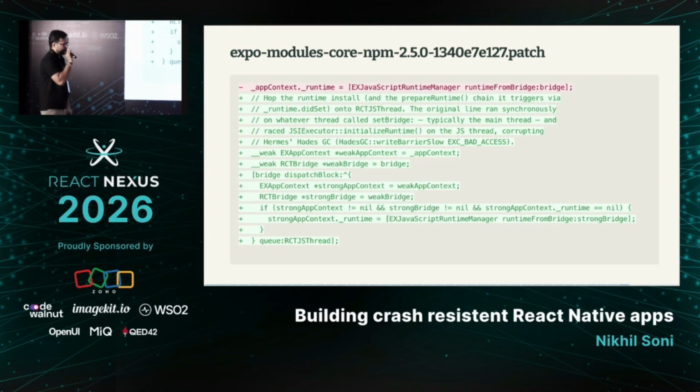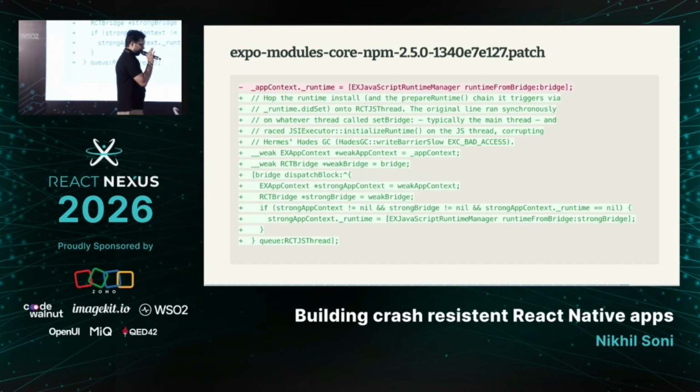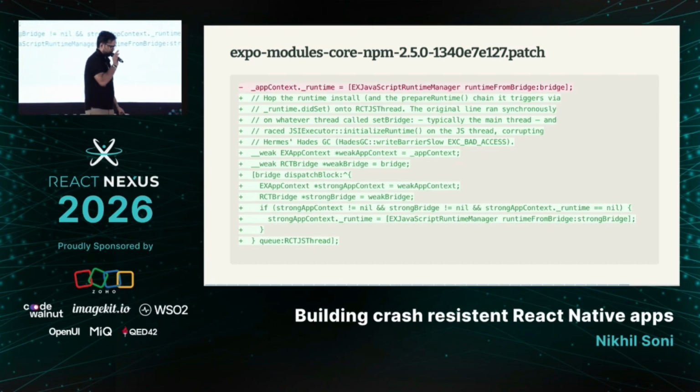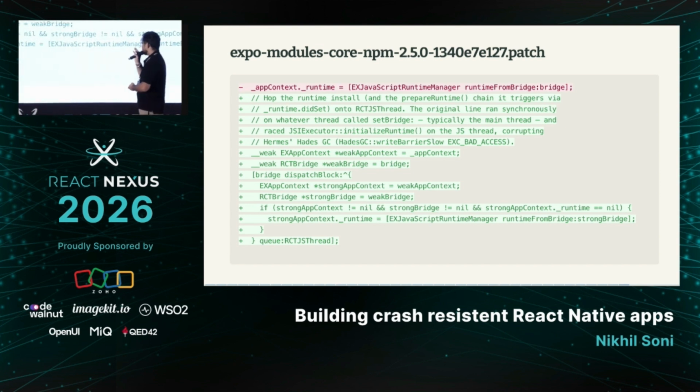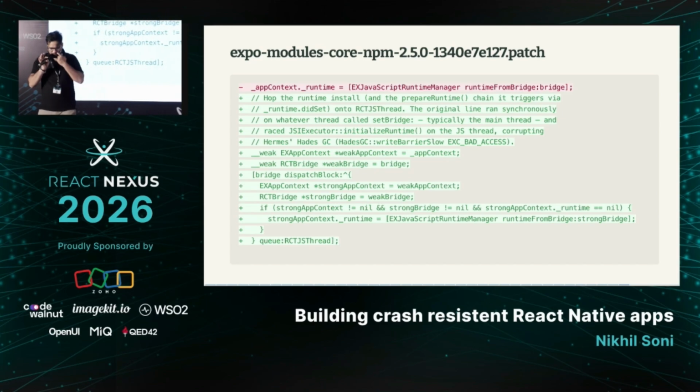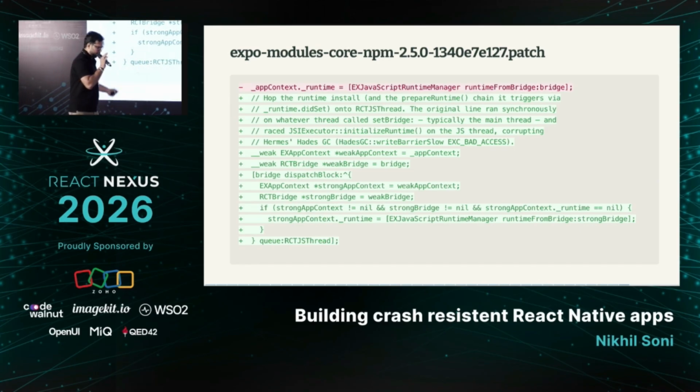The most important line is the last one, which defines that it should be queued on the RCT JS thread. That defines that it should always run on the JS thread, so that there is no crash and the module registry does not depend on the caller.